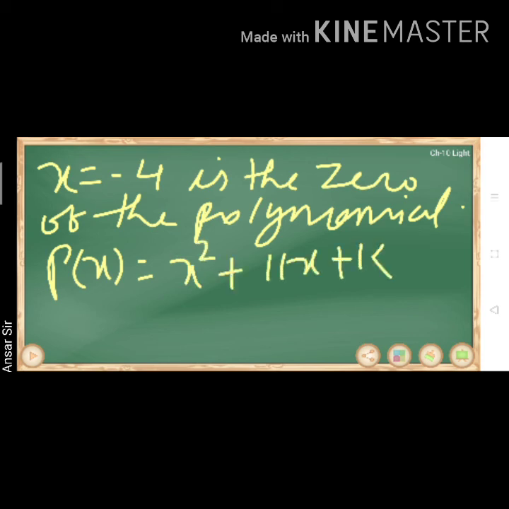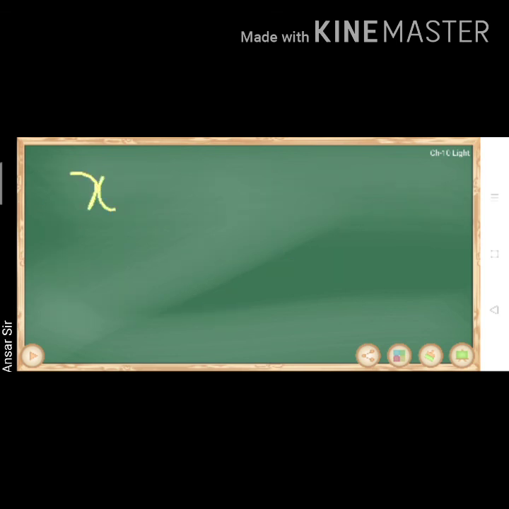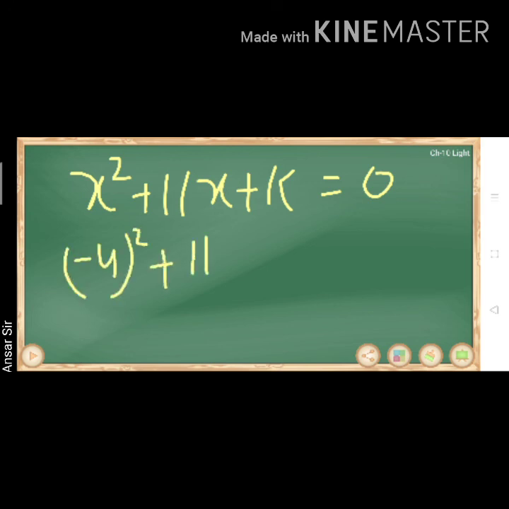If x equals minus 4 is a zero of the polynomial, then p of minus 4 equals 0. So we can write x square plus 11x plus k equals 0, and I will take x as minus 4, so minus 4 square plus 11 into minus 4 plus k equals 0, and from this equation we will find the value of k.